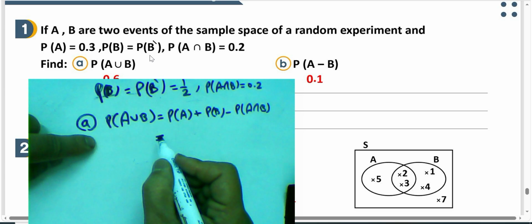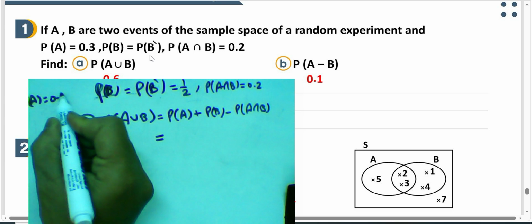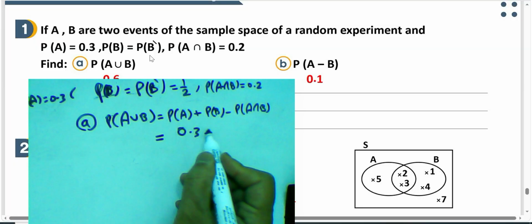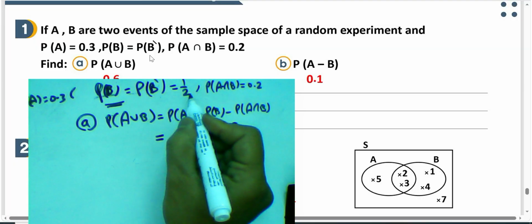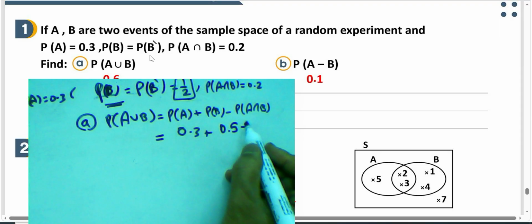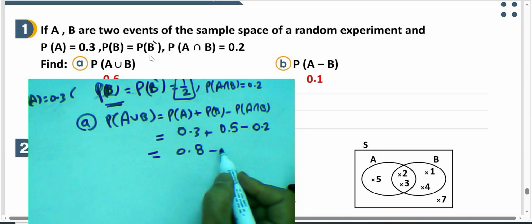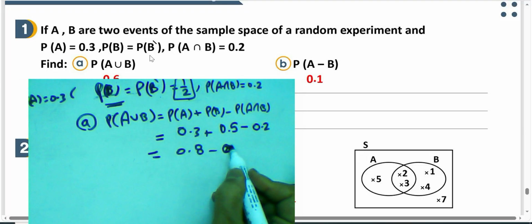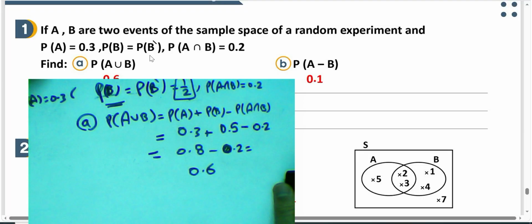We have the probability of A as 0.3, write 0.3, and the probability of B will be half, and half means 0.5. Subtract the intersection here. Then we get 8 chances subtract 2 chances, the result will be 6 chances.